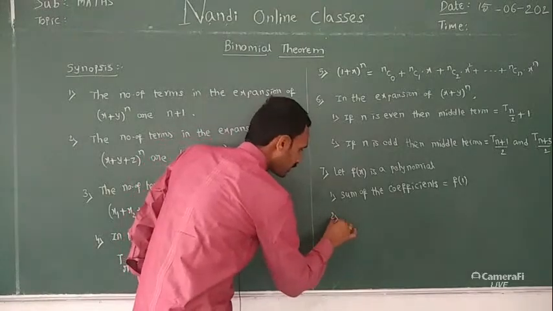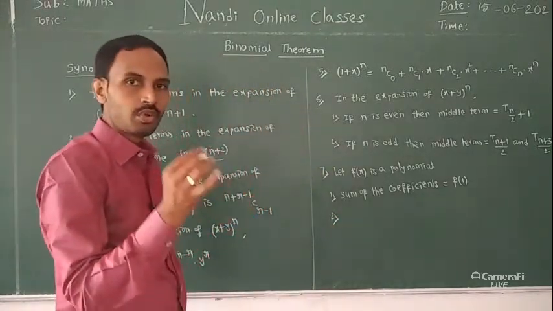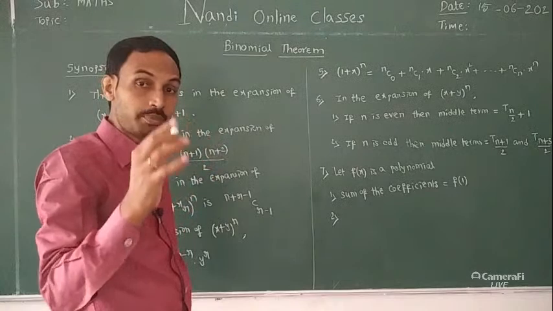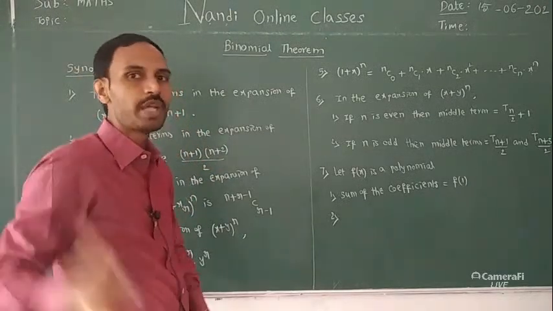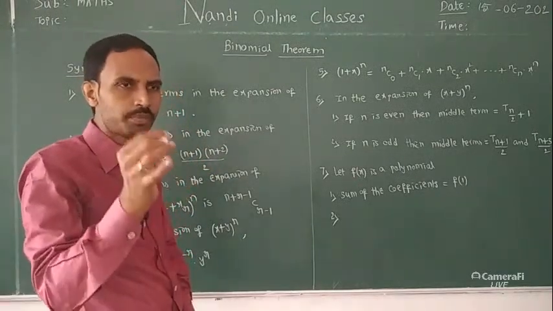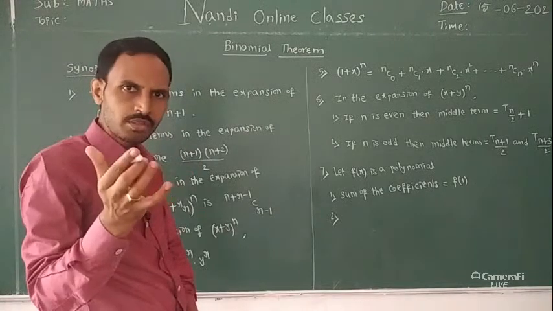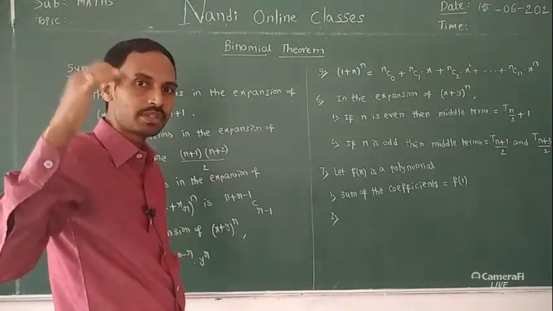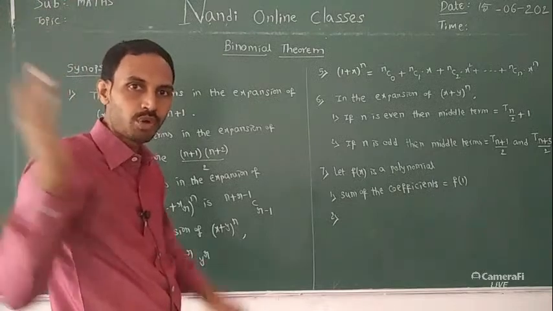Second, the sum of the coefficients of even powers of x. Even powers means x power 0, x square, x power 4.